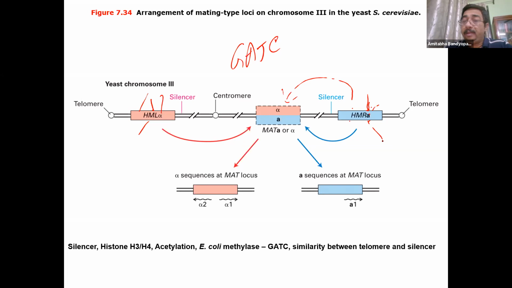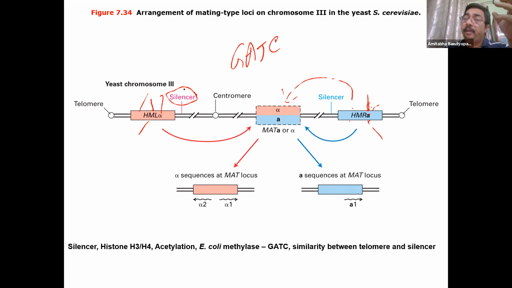If it is the HMRA cassette that is translocated, then A1 will be transcribed and it will have the A mating type. So this kind of a sequence is therefore referred to as a silencer. A silencer is a cis element that can silence expression of a gene.